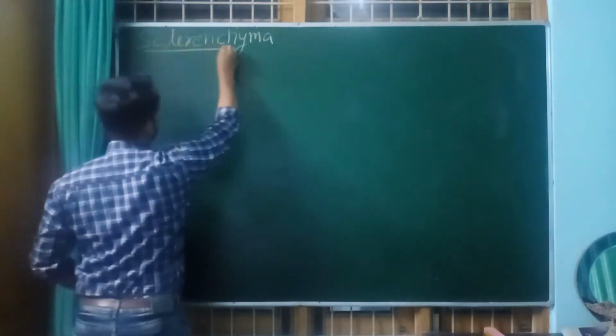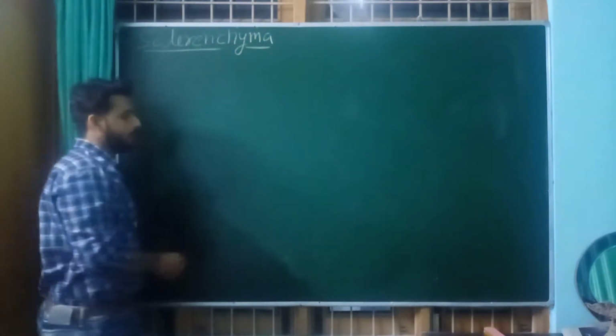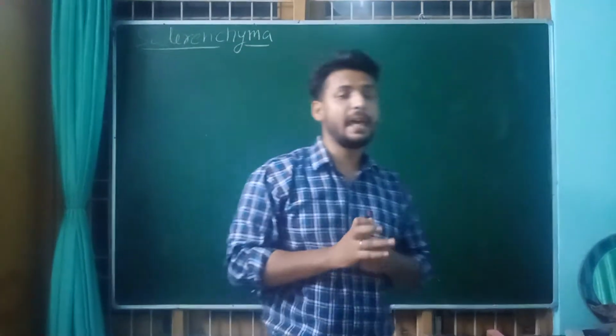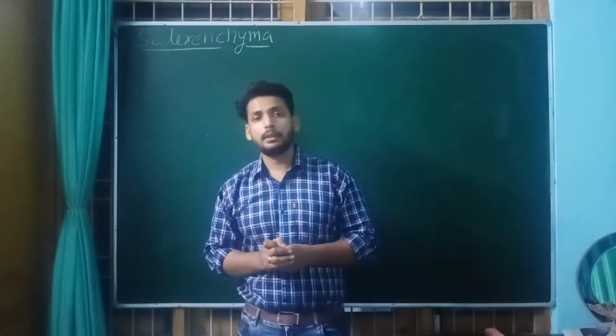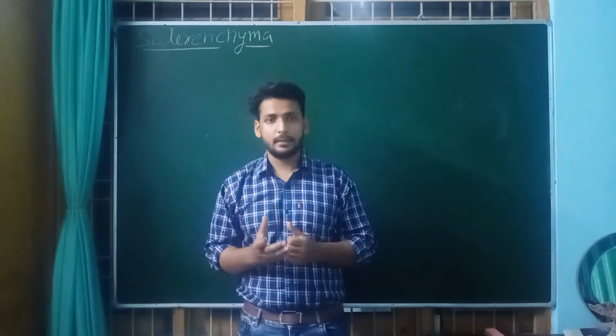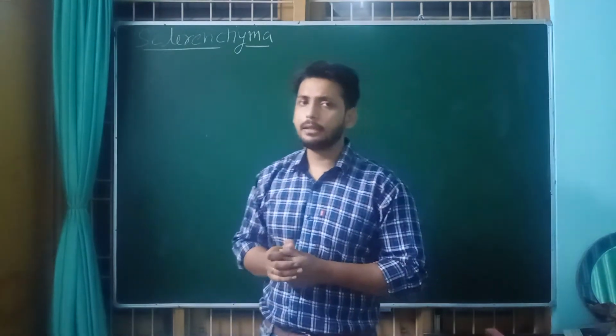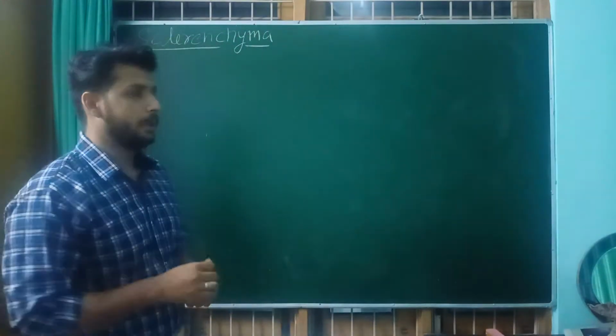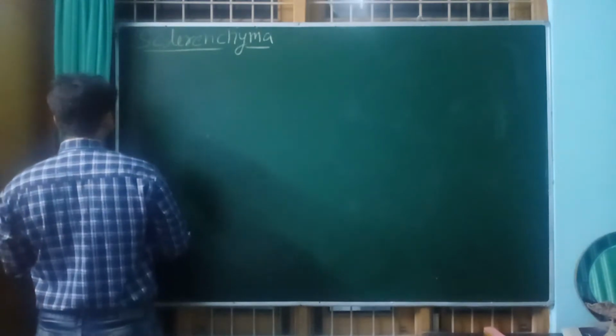Okay, sclerenchyma. If we are talking about sclerenchyma, these are dead cells. Earlier, both parenchyma and collenchyma were living, but these cells are dead.